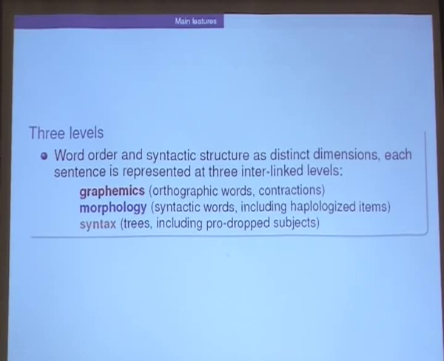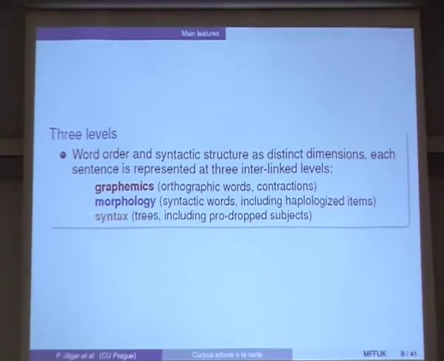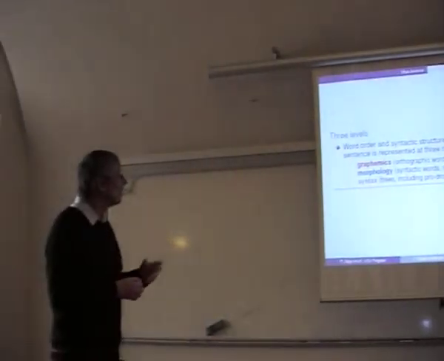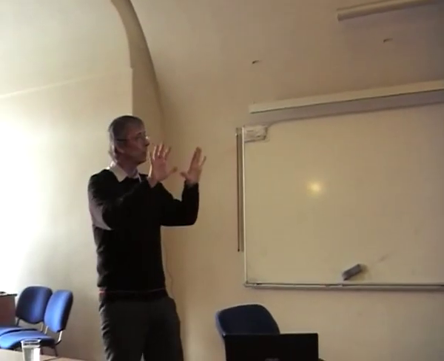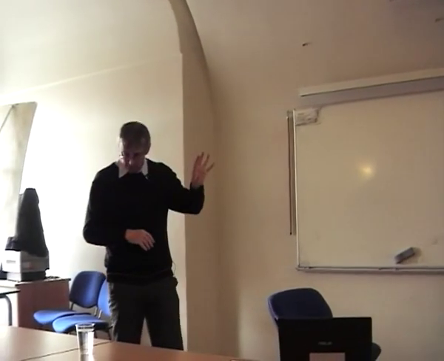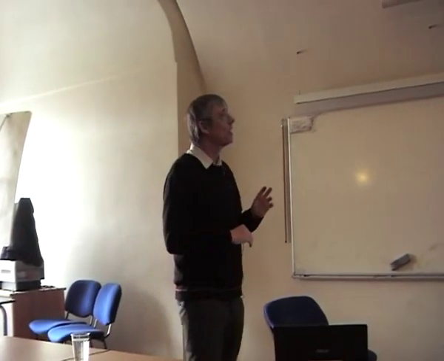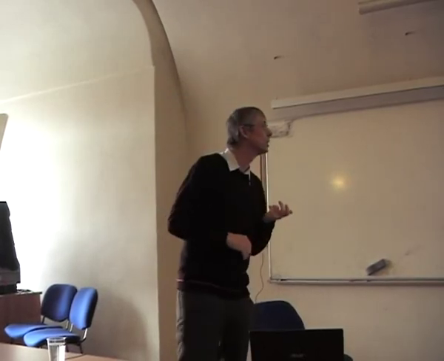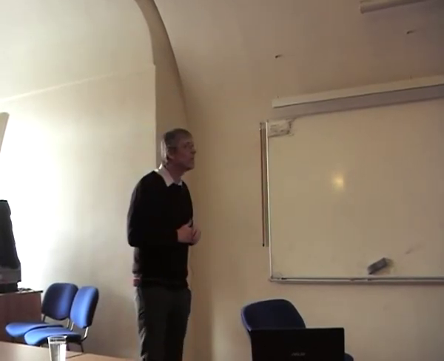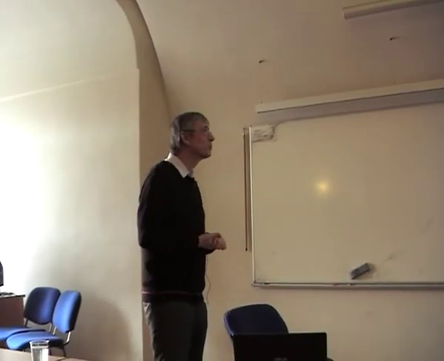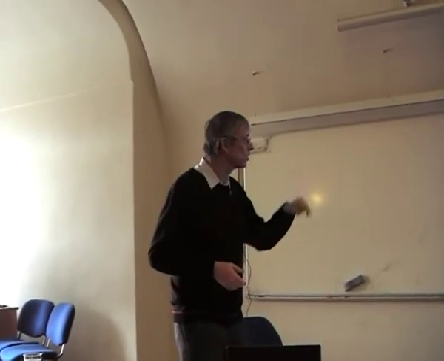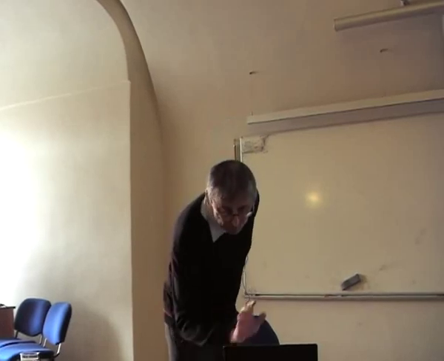This is a level of syntax, which is represented by constituent trees, where individual words are represented as nodes, and also there is one virtual node with no lexical labeling. These nodes are in fact only pro-drop subjects. The examples will follow.